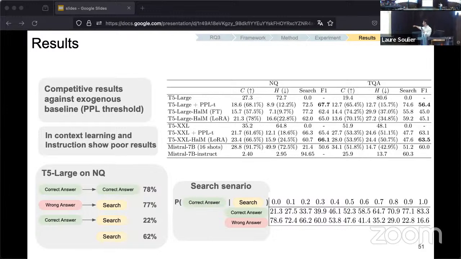And the best scenario is where it's 1, so every time the model searches online, it retrieves a correct answer. And we can see that for the best scenario, we have a model that is able to answer correctly 83% of the time, while utilizing the search engine only 62% of the time.